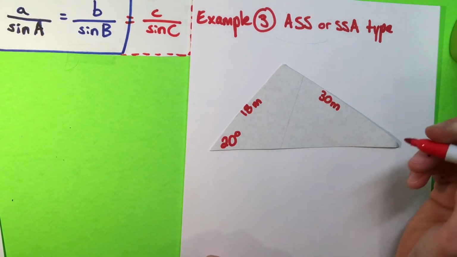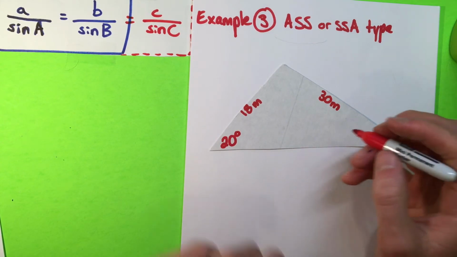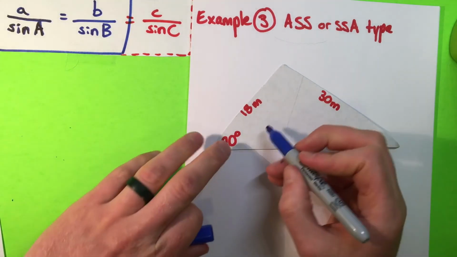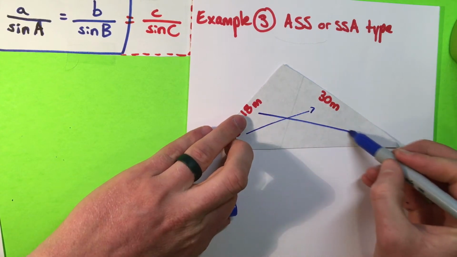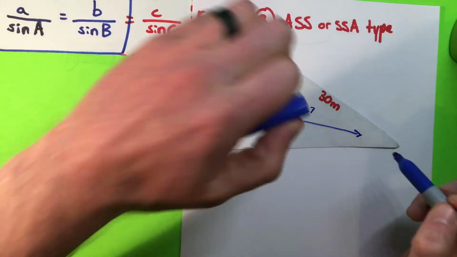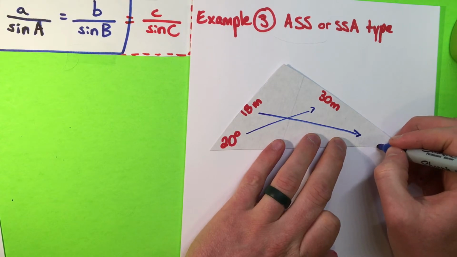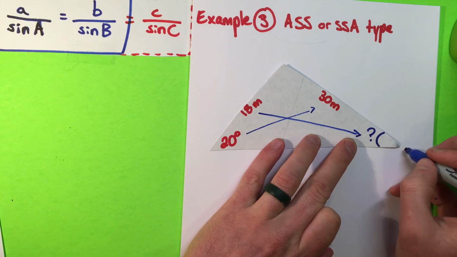So we know we have the 18-meter side length, so we're going to need to know what the angle is across from that. The difference with this one is we don't know the angle across from it, so we have to solve for the angle this time, not the side length, because we know two side lengths. So let's write in our letters.